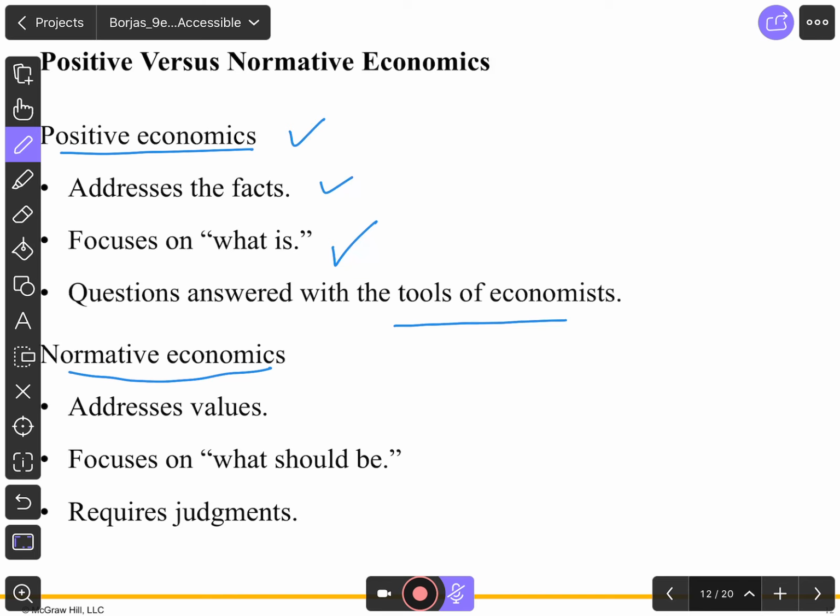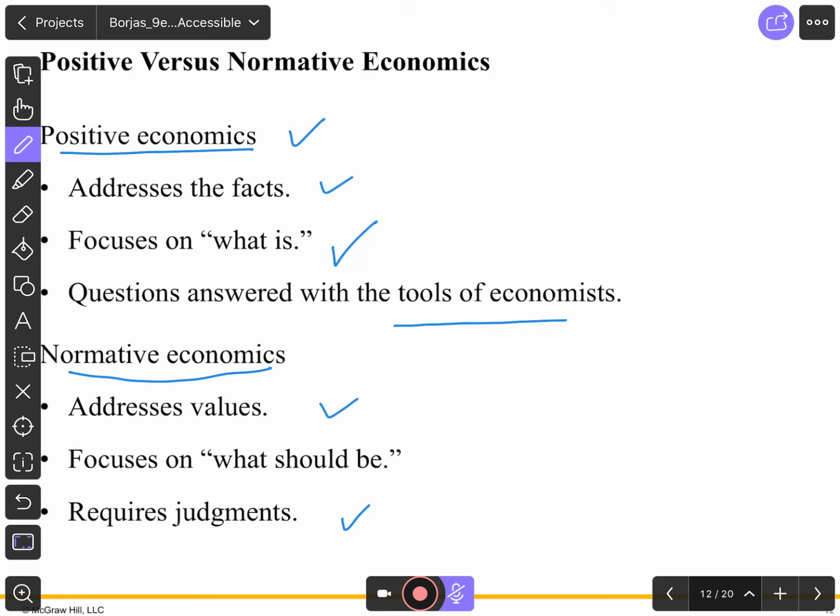Normative economics is basically kind of your opinion, okay? And it requires judgment, and there is nothing right or wrong. It depends on how you analyze the results and how you give us your opinion, okay? So it addresses values, it focuses on what should be, it requires judgment.